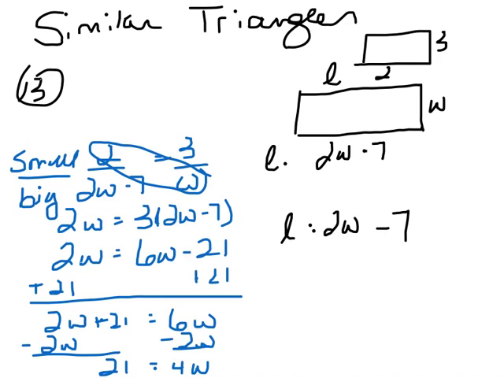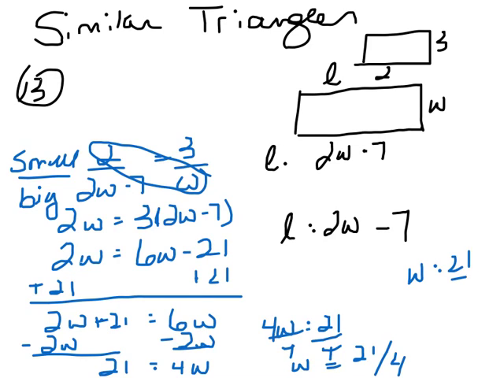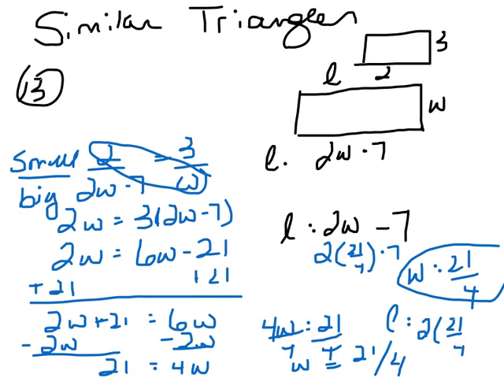And let's see, 4w is 21. If I divide both sides by 4, I get w is 21 over 4. So my width is 21 over 4, and my length is going to be 2 times 21 over 4 minus 7, going back up here. Remember, the length is 2 times w. So here's my width, I'll circle it.